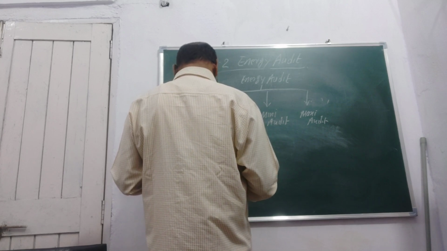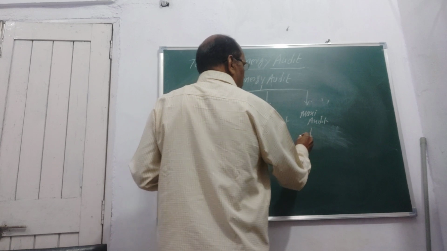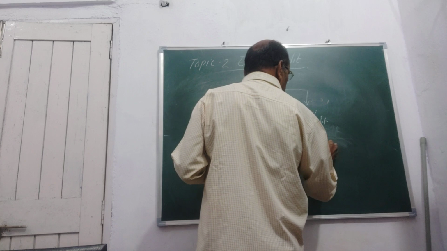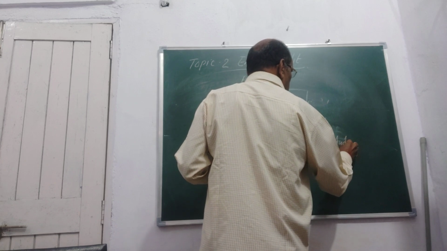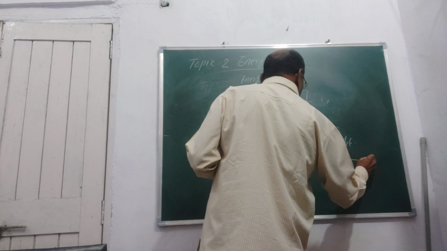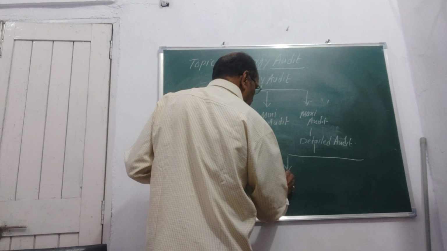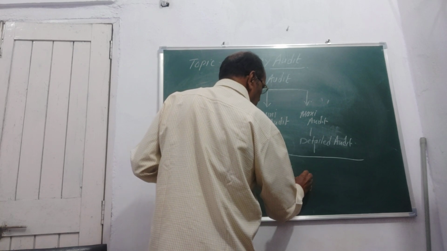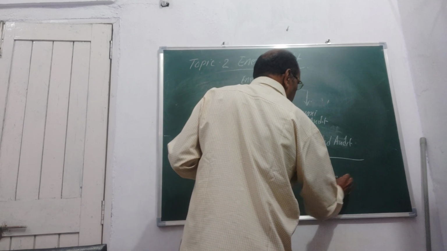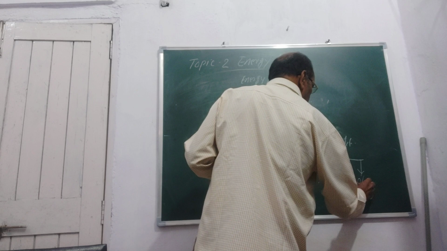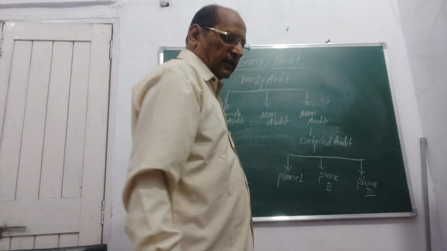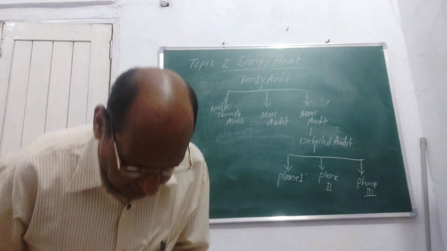Then there is a maxi audit in which there is a detailed audit. In detailed audit, we have to go for, as I have told you, phase 1, phase 2, and phase 3. So these are the classification we have done.